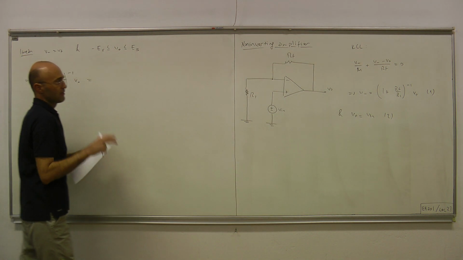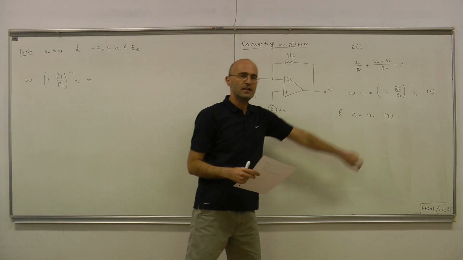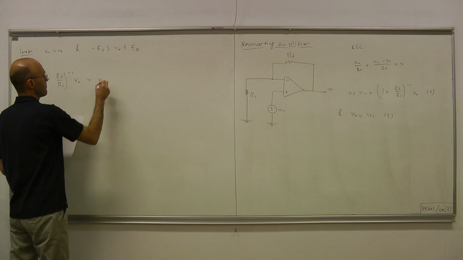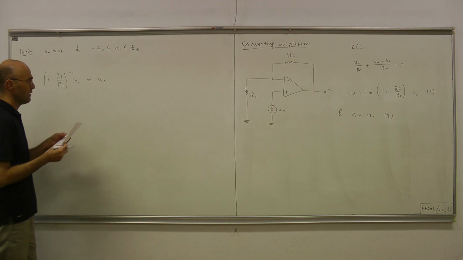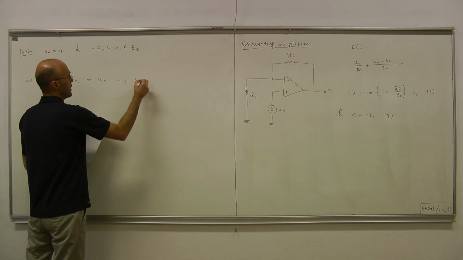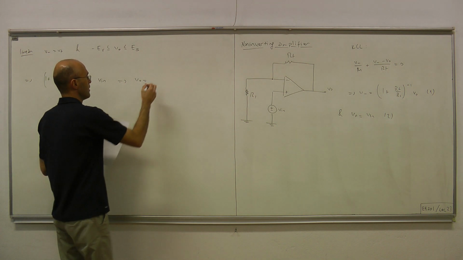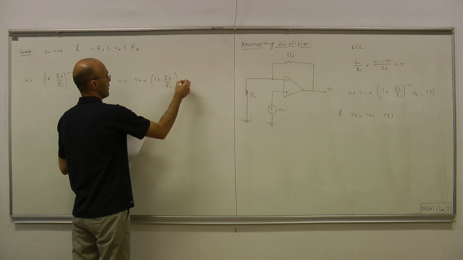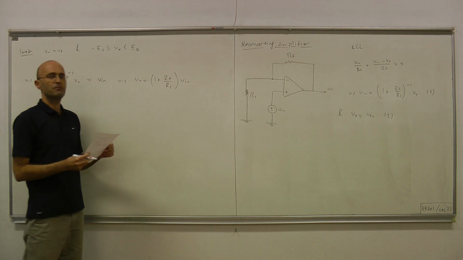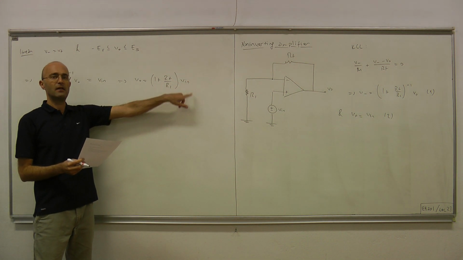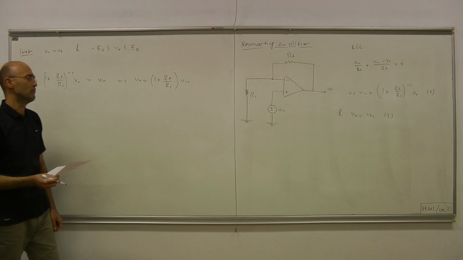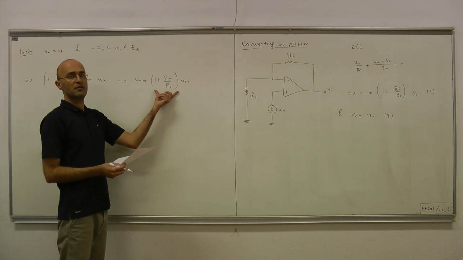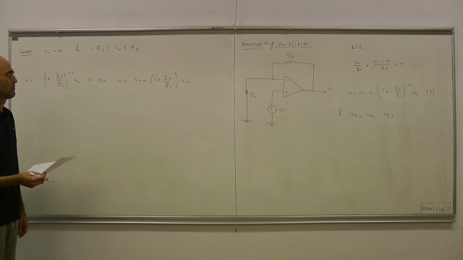What's V plus? V plus is V in, again a region-free equation. Then we have V out equals (1 plus RF over R1) times V in. So the output depends linearly on the input voltage in the linear region, and the slope this time is positive.